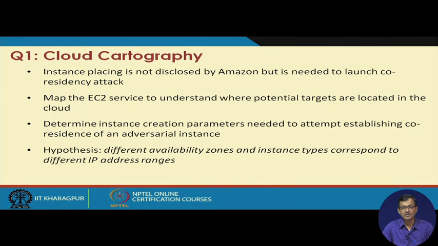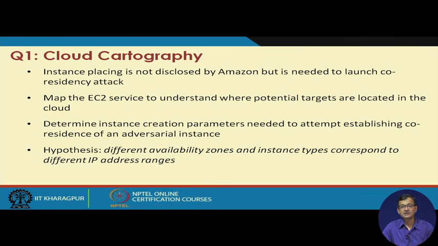So, what they have tried is to map the EC2 service to understand where the targets are located in the cloud. Determine the instance creation parameters needed to attempt establishing co-residence with an adversarial instance.